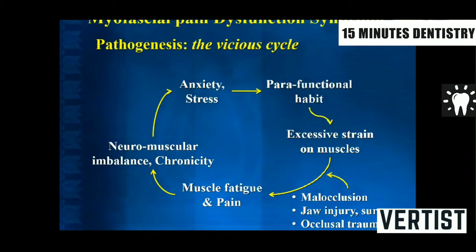So when we discuss its management, you will realize that either I can take care of the anxiety and stress, so I can break the cycle here, or for the parafunctional habit, or for the muscle fatigue and pain. So we have to decide in the patient, tailor make the management for each patient, where to interrupt, where to intervene. So that is the key of successful management of MPDS.